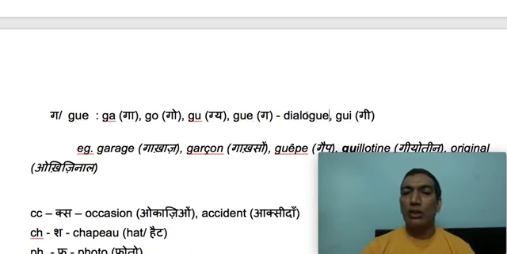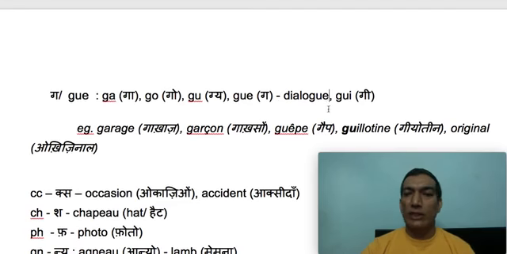In dialogue you will not pronounce the U. It is just to say that G is pronounced as hard G and not je.